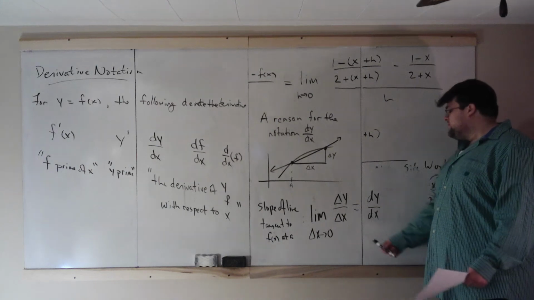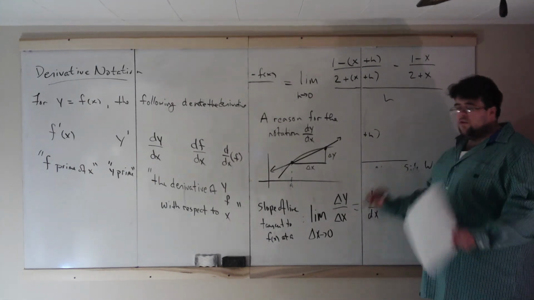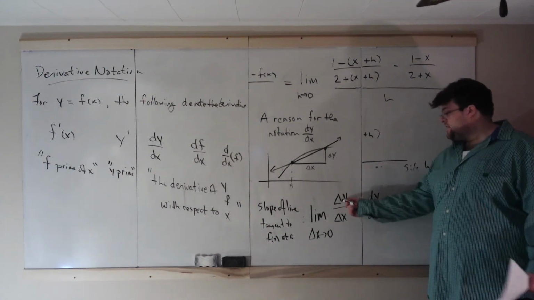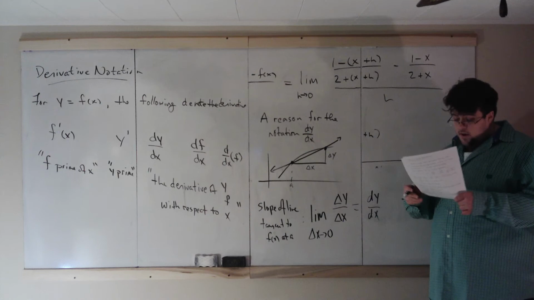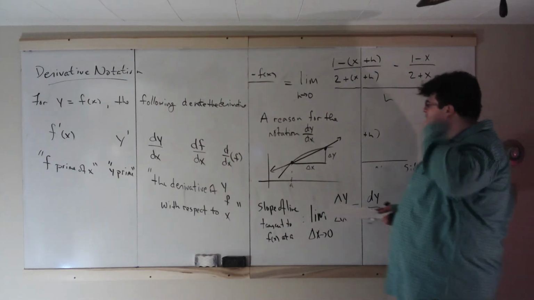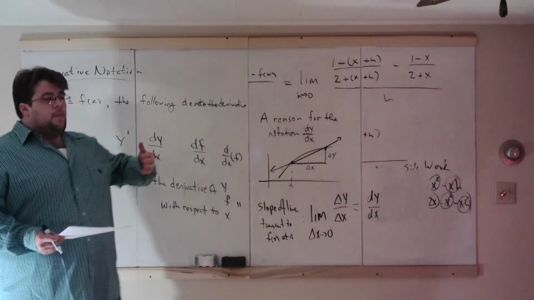It's very similar to a change in y over a change in x. But to incorporate the fact that we're actually taking a limit, we're not going to use a delta. We're just going to call it a lowercase dy over dx. So all of these notations will show up throughout the semester.